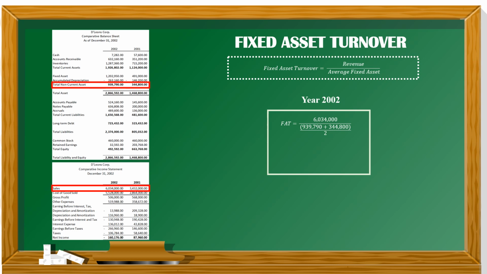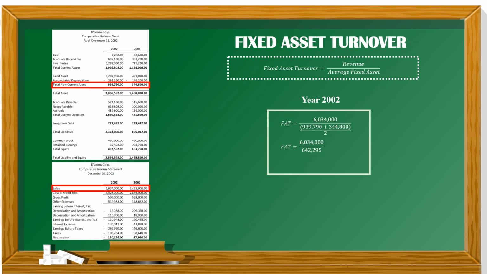So we have here the ending balance for 2002, which is 939,790, plus the beginning balance for 2002, which is also the same as the ending balance of 2001, that is 344,800, divided by 2. So we get an average fixed asset of 642,295.